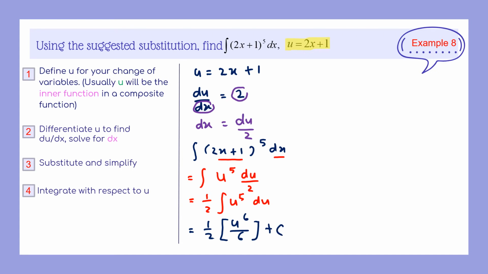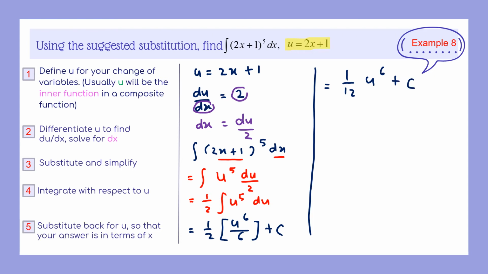And then we simplify this one, we get 1/12 u^6 plus c. And finally, step 5 is substitute back for u so that your answer is in terms of x. So the answer is 1/12 (2x+1)^6 plus c.